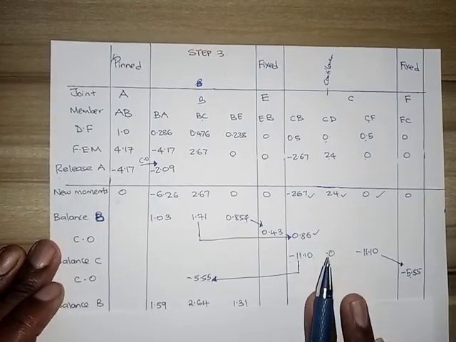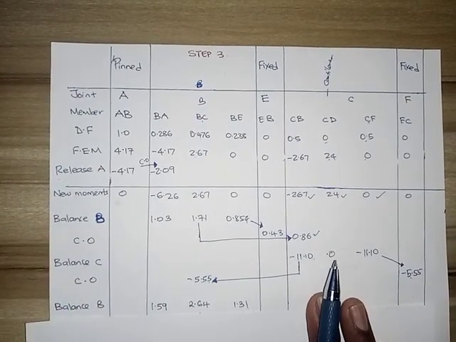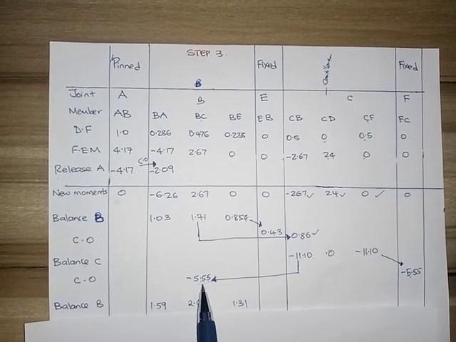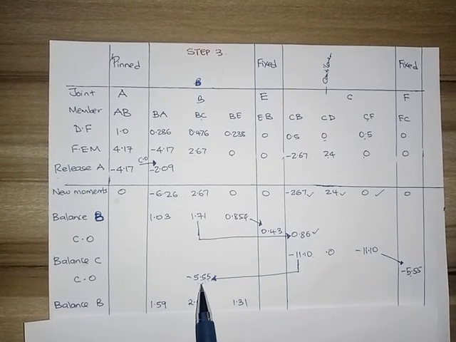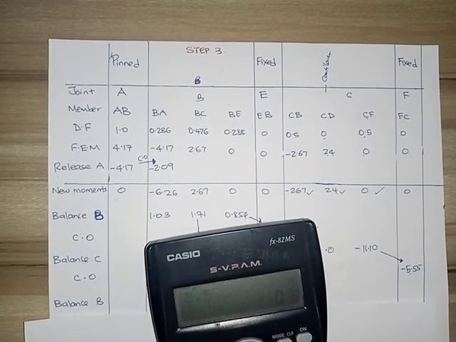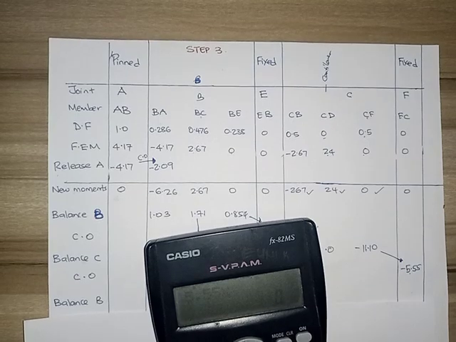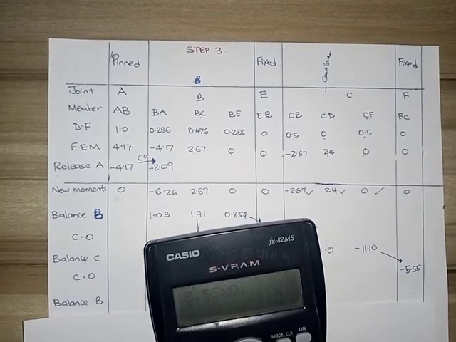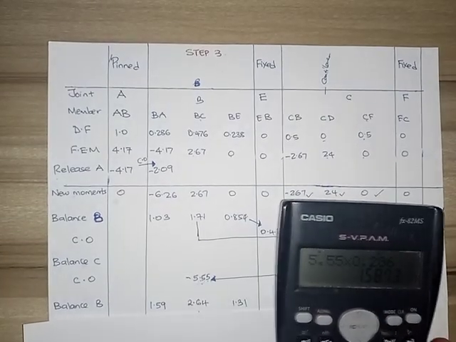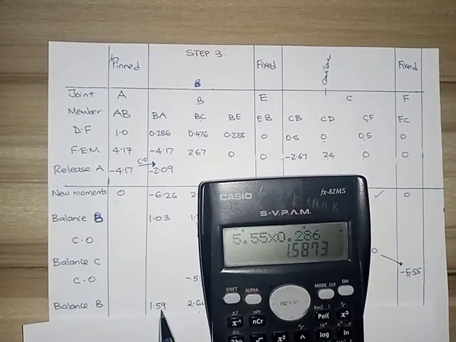Again, now let's turn our attention to joint B. So this is the only out of balance moment here. So the balancing moment will be 5.55. So 5.55 again times now the distribution factors 0.286, and you get 1.59 into 2 decimal places.